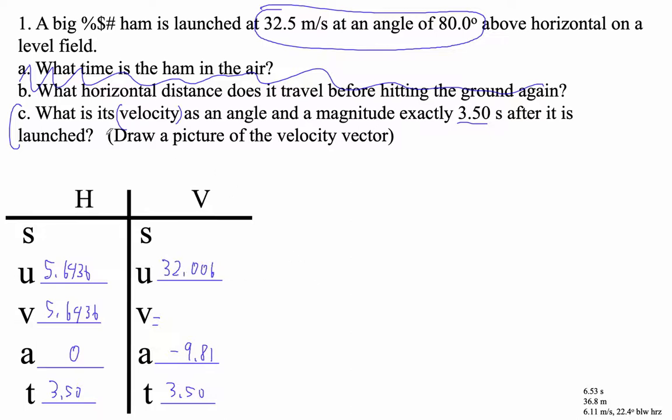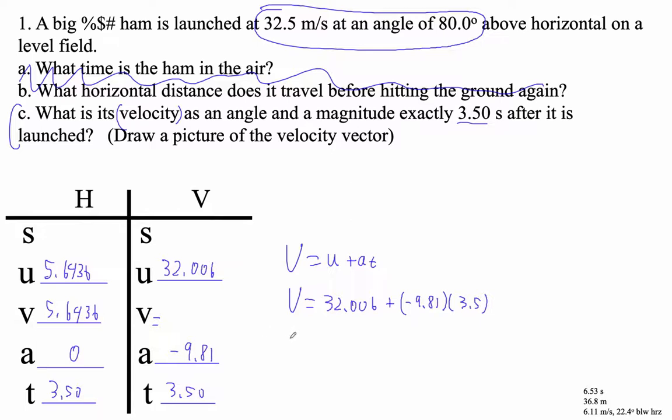Right? Now, we could find where it is, but it's only asking us for the velocity. So let's just find that final velocity. v is u plus at. And I'm using the vertical stuff here. So v is 32.006 plus negative 9.81 times 3.5. And this will be a negative number, I'm pretty sure of that.